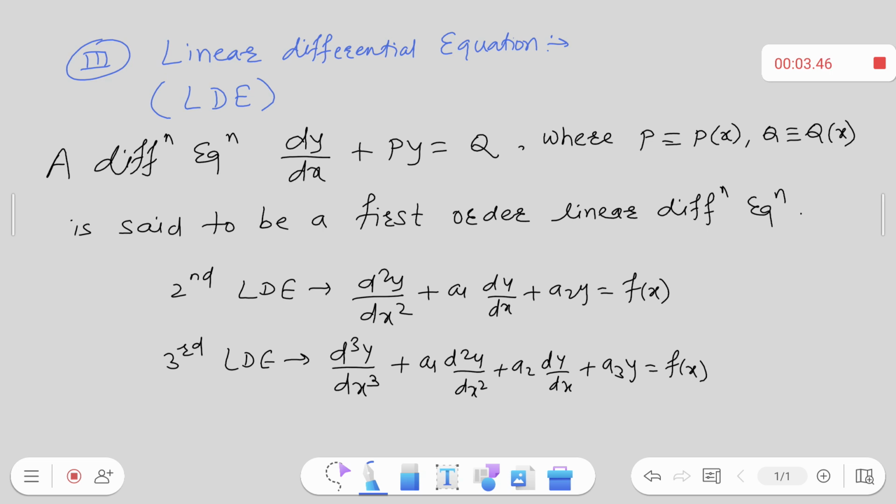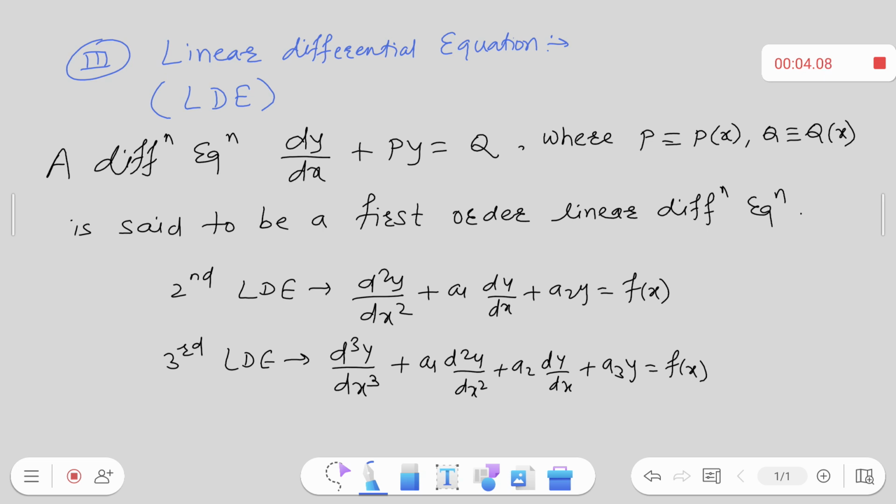If the RHS has some function of x, then such a linear differential equation is said to be a non-homogeneous linear differential equation. And if your RHS term is 0, then it is said to be homogeneous. If RHS is 0, then homogeneous. If RHS is non-zero, then non-homogeneous.